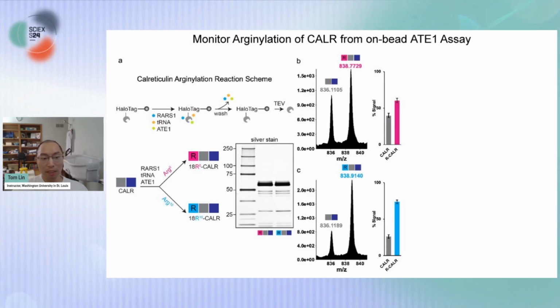Using the top-down, we can see the arginylation species modified by both arginine 0 on the top and arginine 10 on the bottom. The relative arginylation efficiency was calculated as 63% and 73.8%.